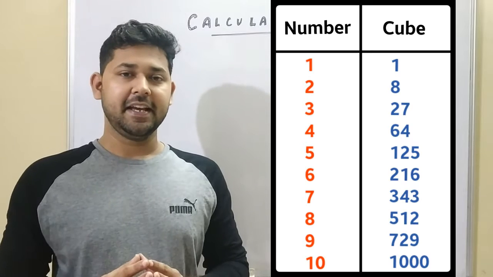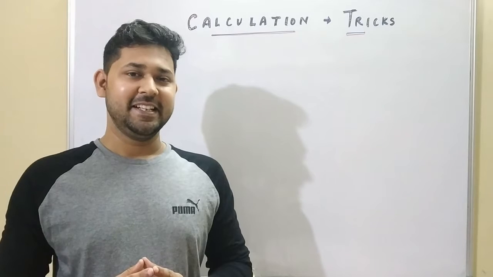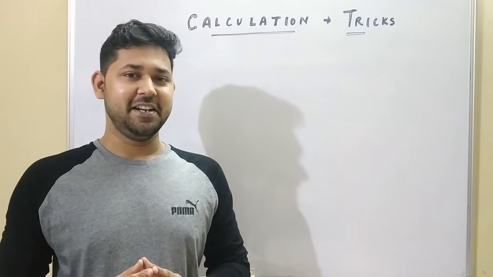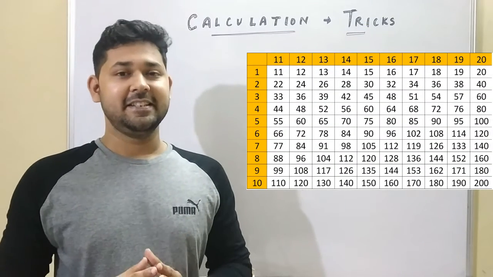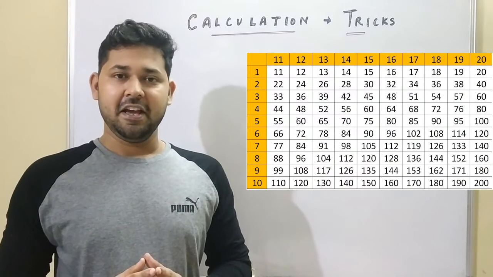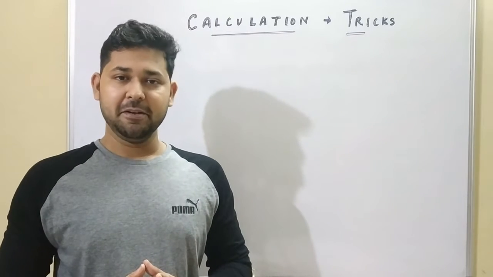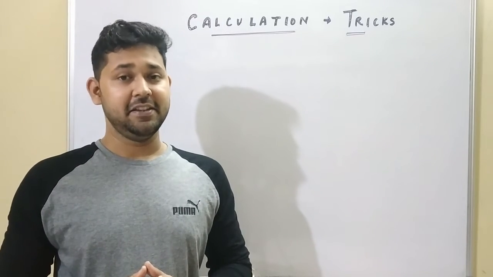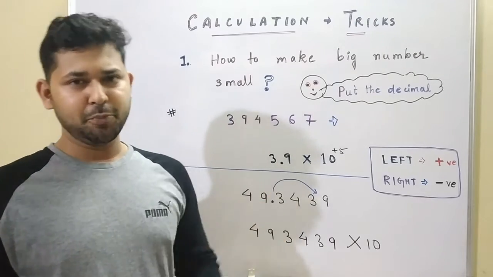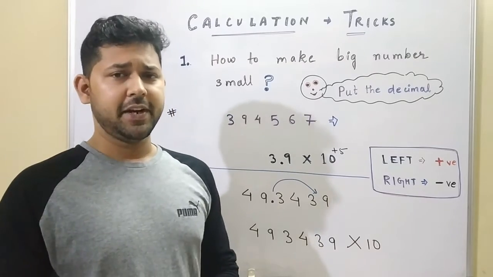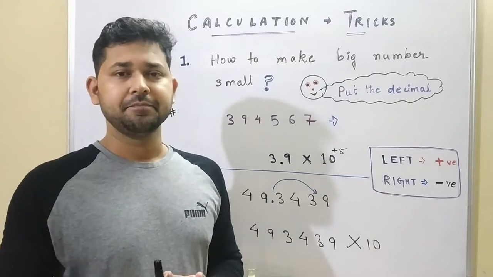The third thing, which I guess a lot of people recommend and I'm also recommending, is the tables of numbers 1 to 20. If you can learn these things, you can become pretty good at the tricks that I'm going to teach you. So the first trick is how to make a big number into a small one.